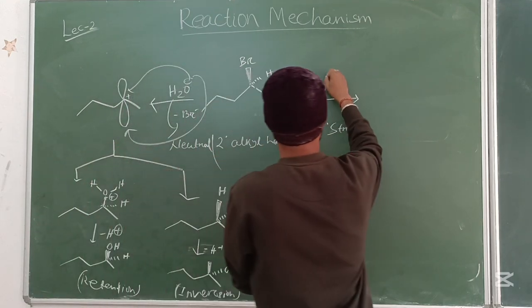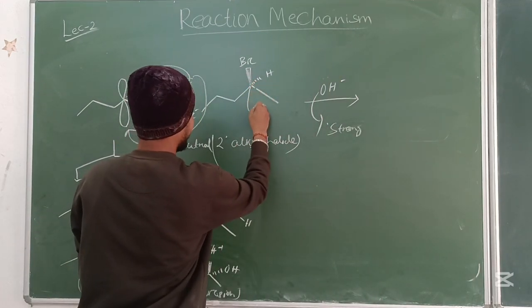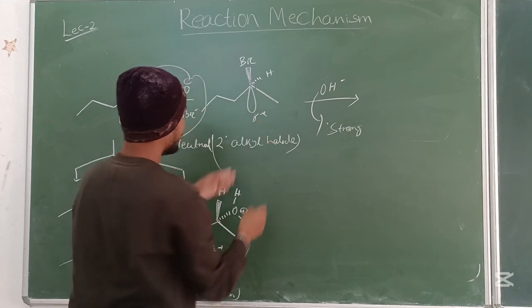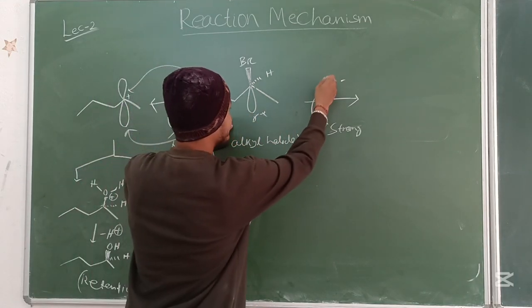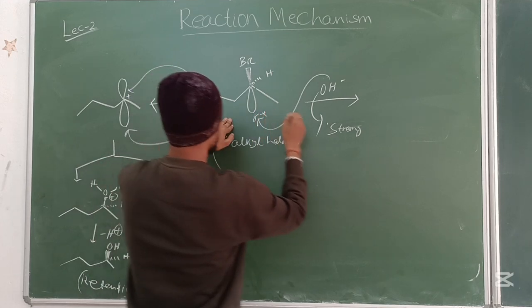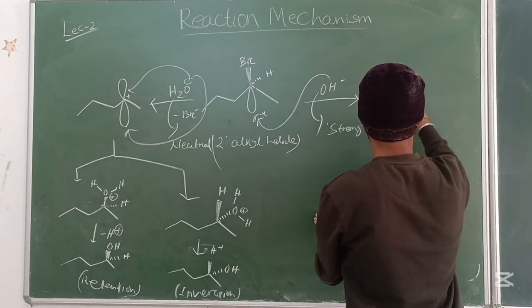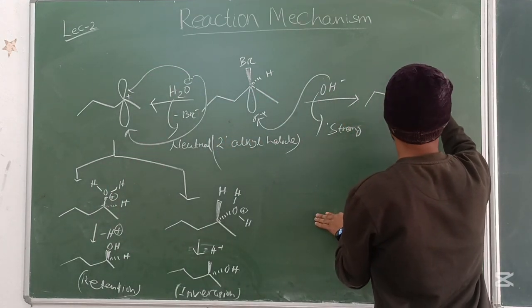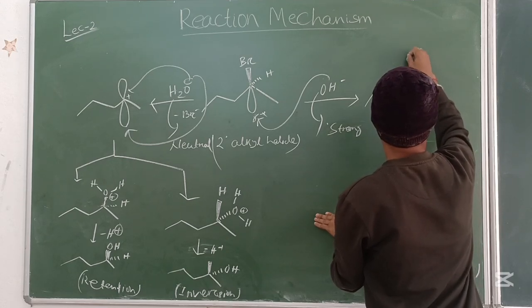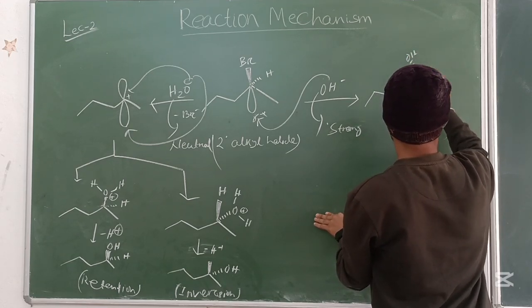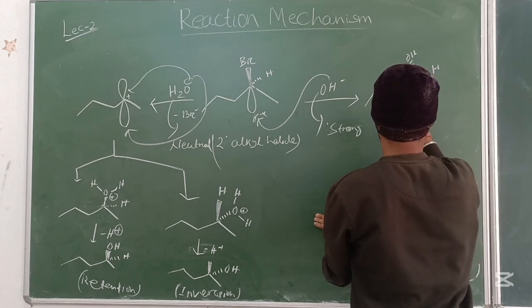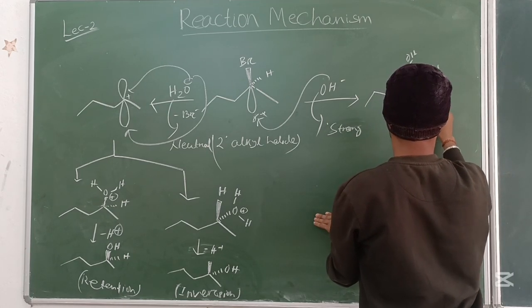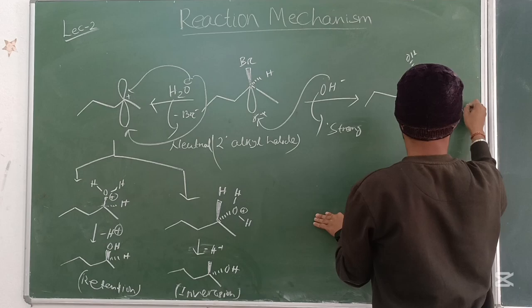So OH minus will attack the carbon-halogen sigma antibonding orbital, so that the OH will be below the plane. So it is the inversion end product, 100% inversion end product.